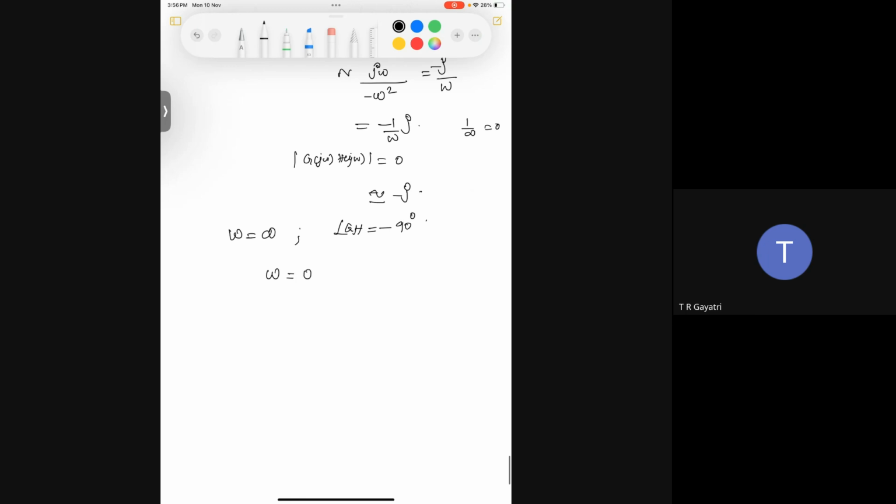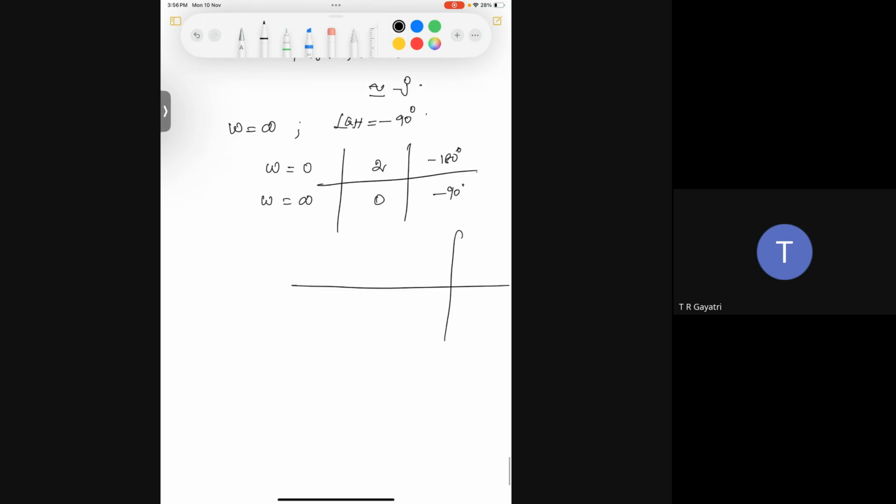So omega equal to 0, omega equal to infinity, your magnitude will be 2, 0, angle would be minus 180 to minus 90, right? So your Nyquist plot for omega equal to 0 starts with 2 at minus 180.